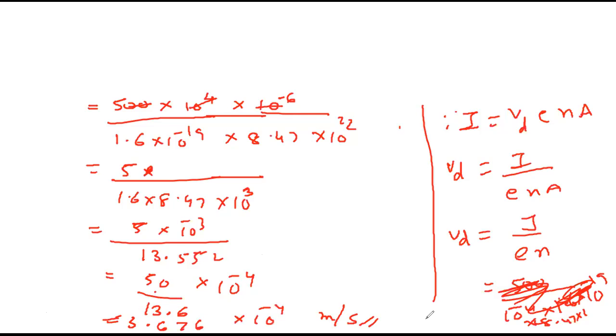What should be the order of drift velocity? 10 raised to minus 4 meter per second. So here we are getting 10 raised to minus 4. Our answer is correct. Solve.